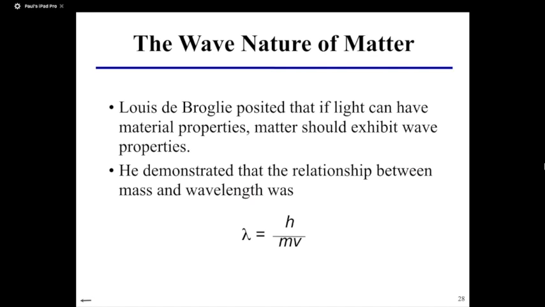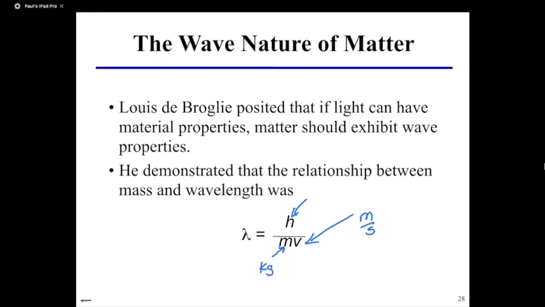Now, most of the particles have almost no mass. So a lot of the things that we're talking about have very, very little mass. This is a constant that we already know. Velocity here, be careful. This is velocity, in meters per second. It is not the frequency. Mass is defined in kilograms.